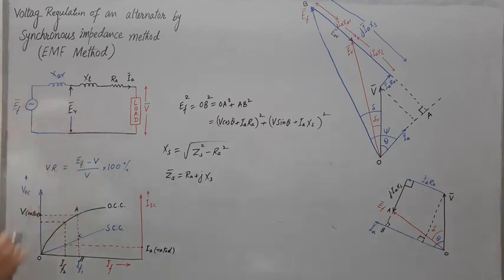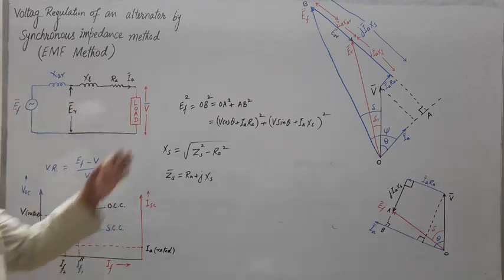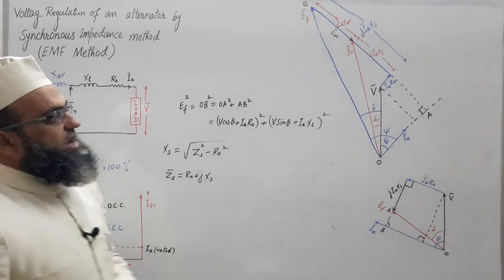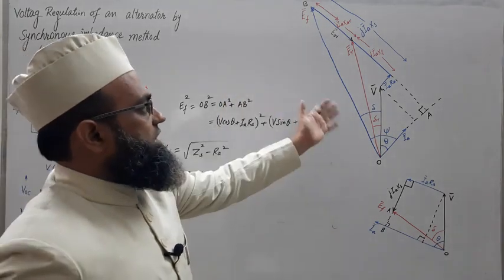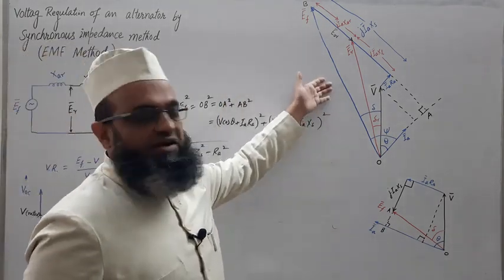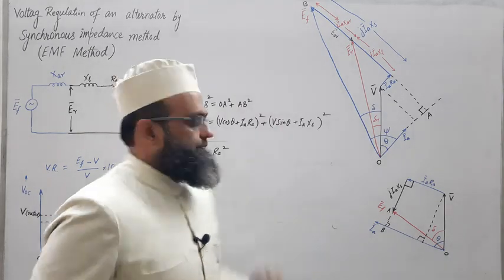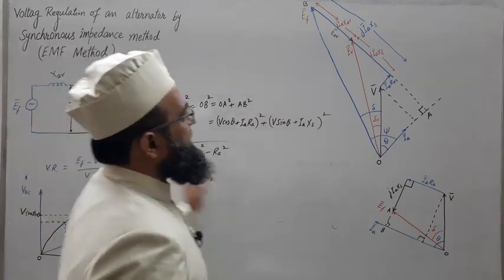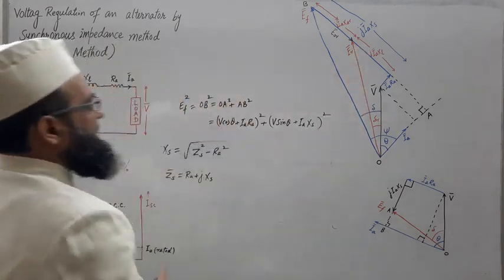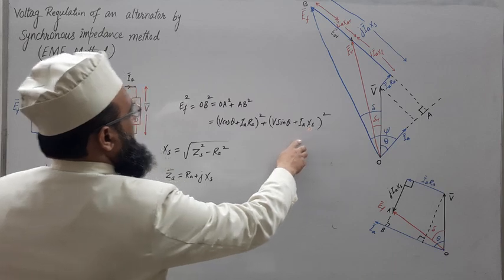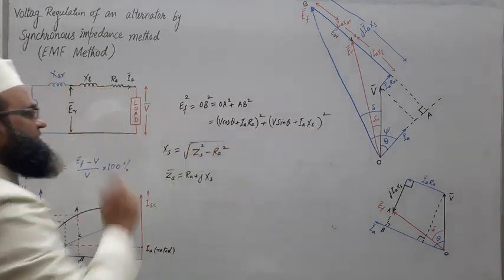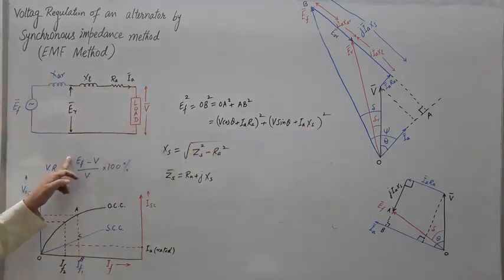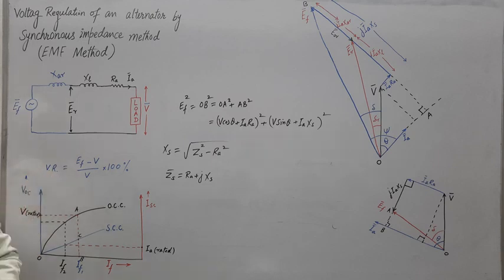So this drop may be negative or positive, depending upon the various power factors, as can be observed from the phasor diagrams of the lagging power factor case and the leading power factor case. So once XS is obtained, we can substitute the value here and evaluate EF. Once EF is obtained, we can get the voltage regulation.